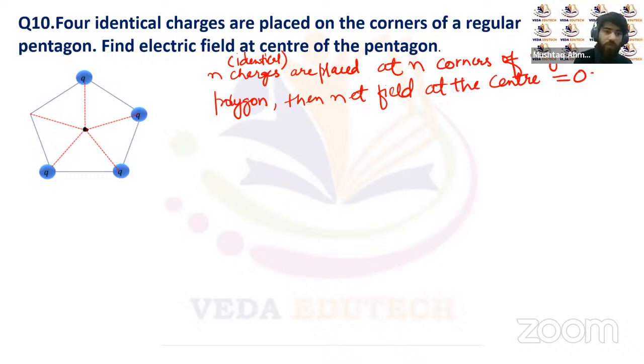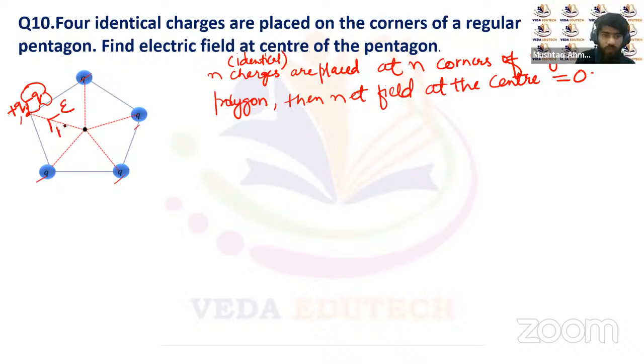So how can we find the field here? We will add a charge of plus q at this corner and add a charge of minus q at this corner. Because of these five plus q charges placed at the five corners of the polygon, the field will be zero. We'll be left with only a single charge, the minus q charge, and the field because of it will be along this direction.